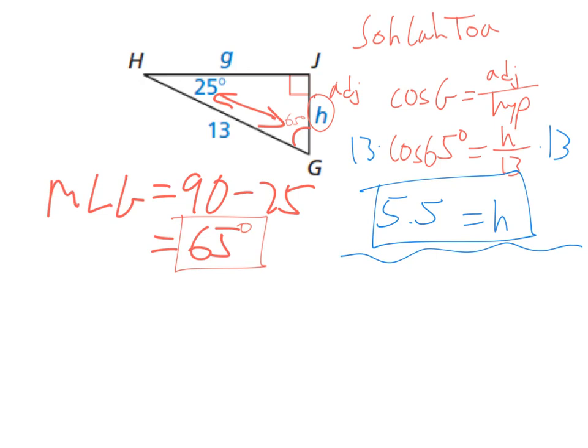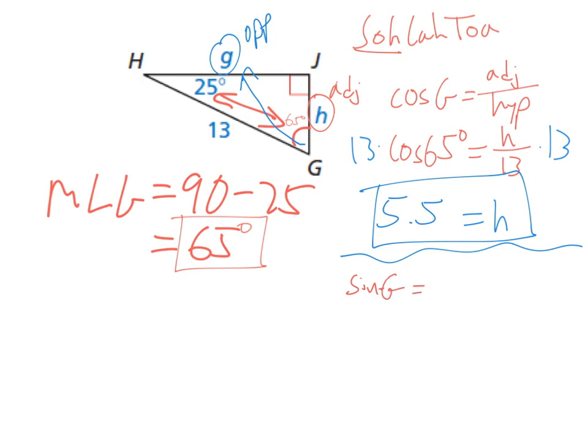Let's find g real quickly. Well, how does g relate to that angle? G is the opposite. Oh, I'm sorry, it's opposite to G. Did I say that right? Big G and little g. Little g is opposite to angle G. Okay? So opposite and hypotenuse is sine. So let's use the sine.